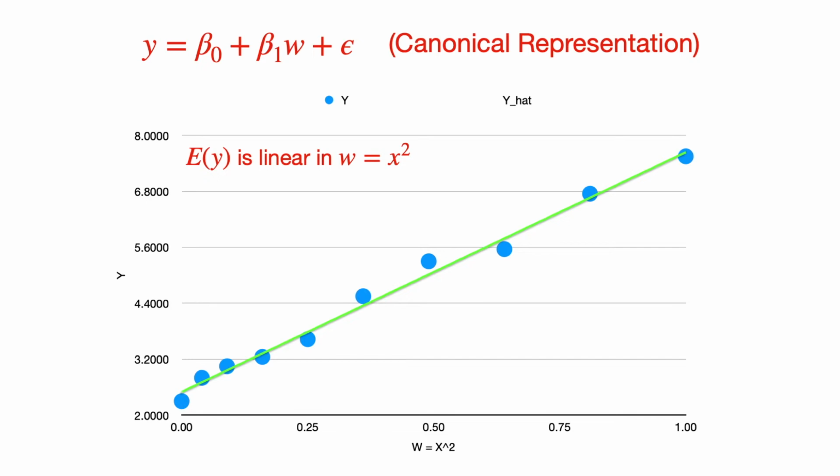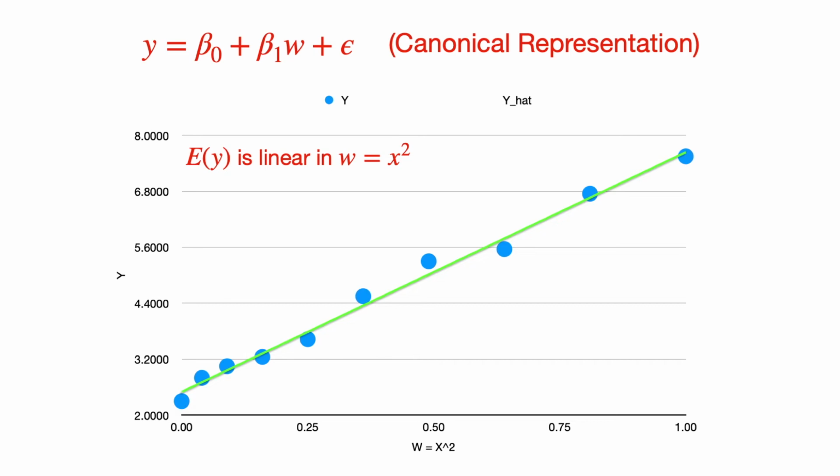And so you can see here that when we express the model in canonical form, so y equal to beta 0 plus beta 1 times w plus epsilon, the deterministic part of the model, beta 0 plus beta 1 times w, is linear in w. And so that's why this scatter plot and the least squares line are linear in this particular plot.